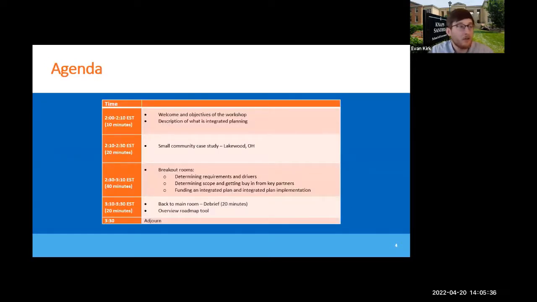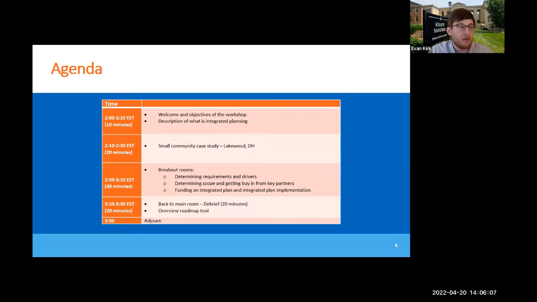Here's our agenda. So you've heard from me. I'm going to turn it over to my colleague, Robin DeYoung, in a second, and then we're going to hear from Lakewood, Ohio. We've got Lou McMahon and Mayor George to tell the story about Lakewood and their wet weather plan. Then we're going to break into breakout groups for about 40 minutes. We've got excellent facilitators to help you in those breakout rooms, along with some poll questions that will help us stir the conversation.